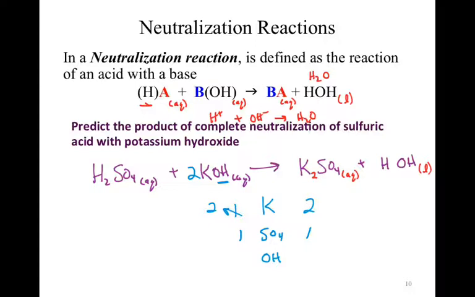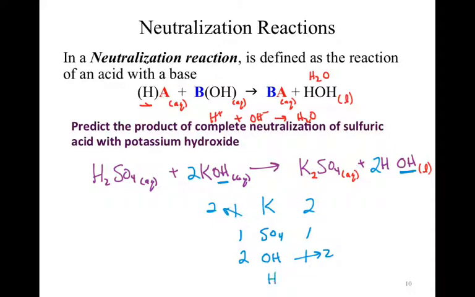If I go over to my product and look here, there's only one hydroxide. What do I need to do? I need to make it 2 by putting a 2 in front. Okay, if you're not comfortable with this version of it, then what you should go through and do is break it down into potassium, sulfur, oxygen, and hydrogen and attempt to go through and balance. It is much more challenging.